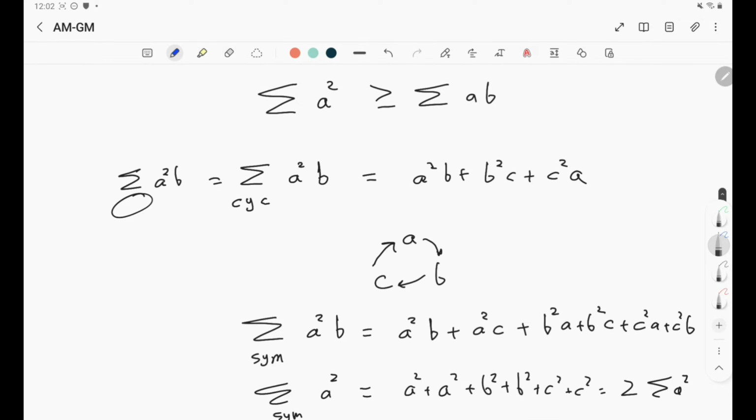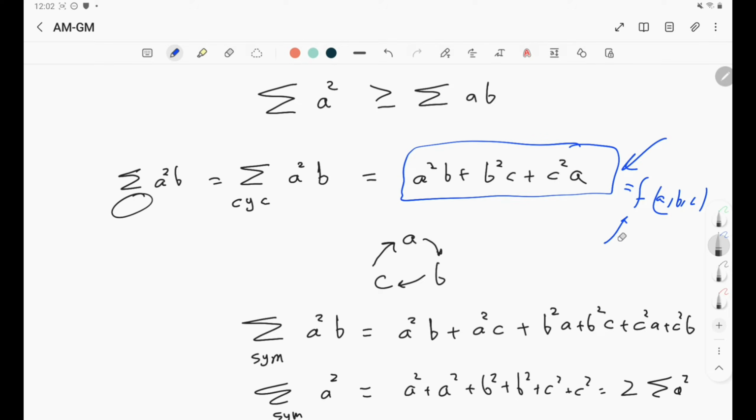if you're working here, if someone asks you, is this expression a symmetric thing? The answer is no, it's not symmetric, because as we said, we have a square b, but we don't have a square c. So if you write something like f of a b c, then the function f is not symmetric, it's cyclic. However, this one here, if you said f a b c is this, then it's symmetric.